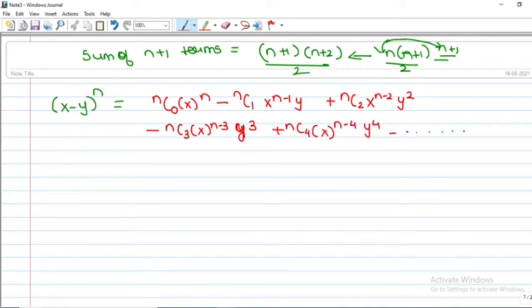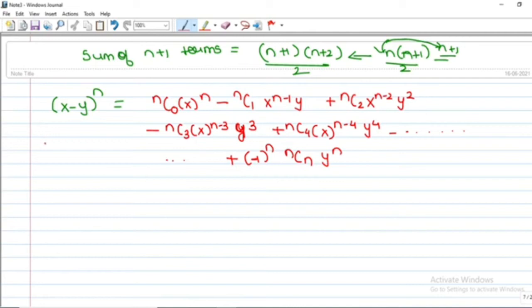It will go on until finally, now you will say that I don't know the sign of the last term, so what will it be? It will be minus 1 power n, and here you can write nCn y power n. Like in the general term minus 1 power r used to appear, here also minus 1 power n will appear. So this is nothing but the general expansion with a negative sign.